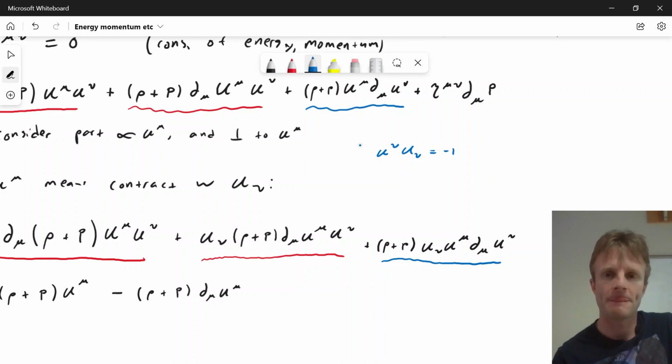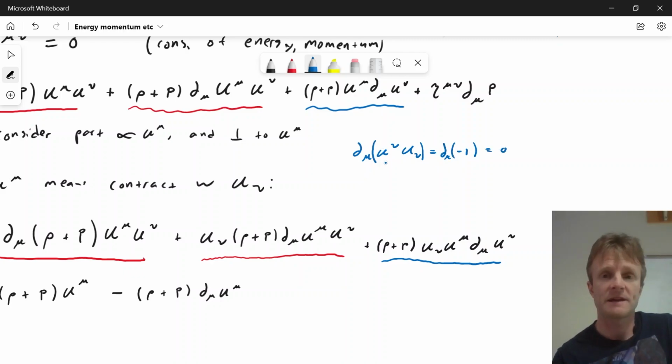That's true. So if we take a derivative of both sides, what happens? Well, the derivative of a constant is 0: ∂_μ of minus 1 is 0.